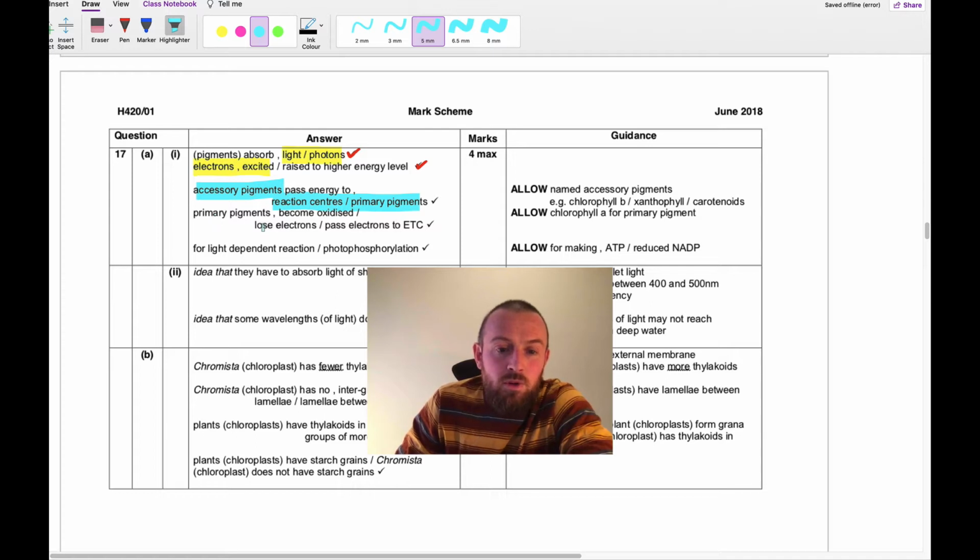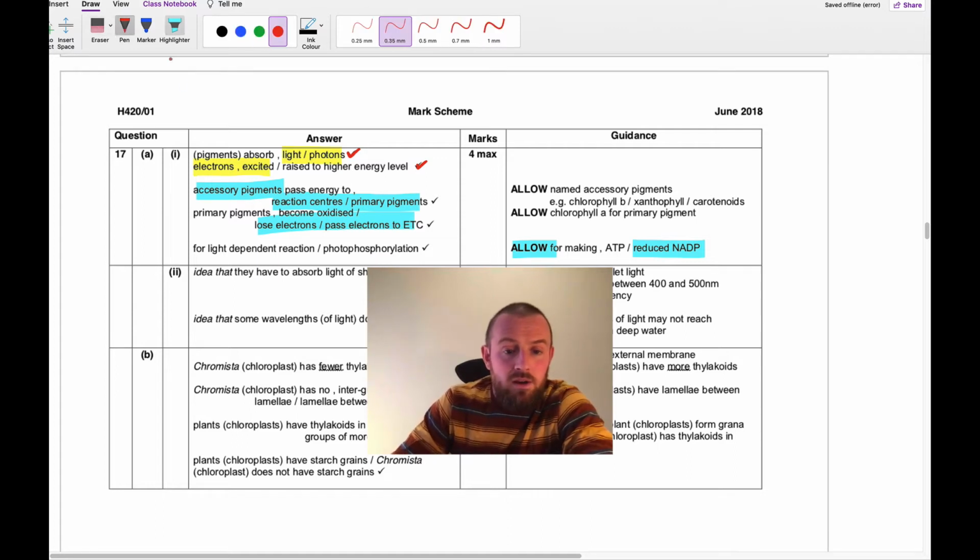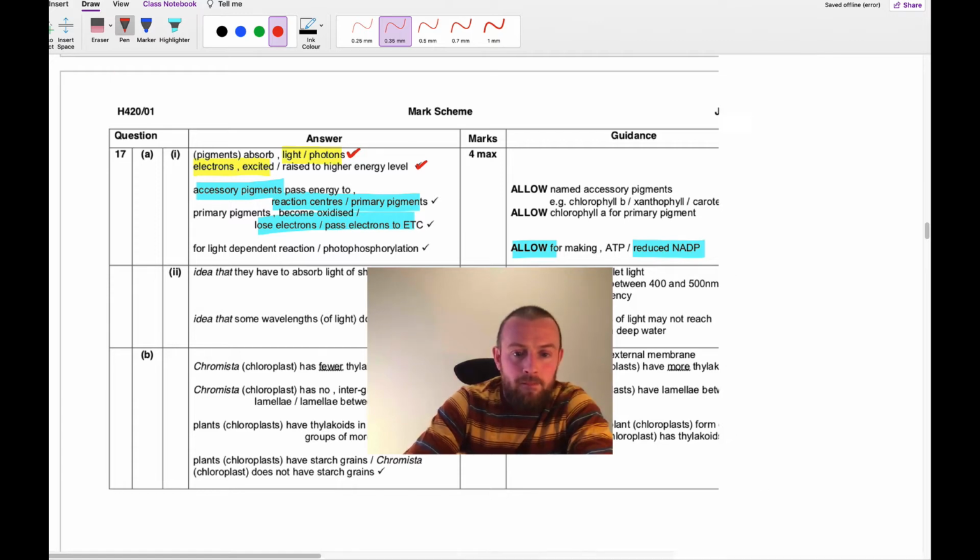Primary pigments lose electrons, pass electrons to ETC. I think this would have been all right. Reduced NADP. It says allow over here, for the light-dependent reaction or photophosphorylation. Okay, so pause that mark scheme there if you need to have another look. But I think there's plenty of opportunity to get 4 marks there.